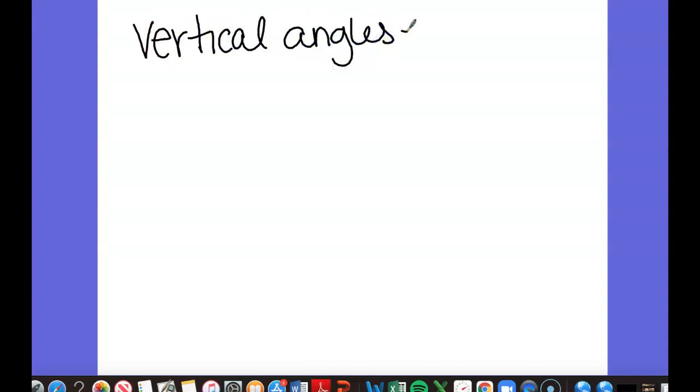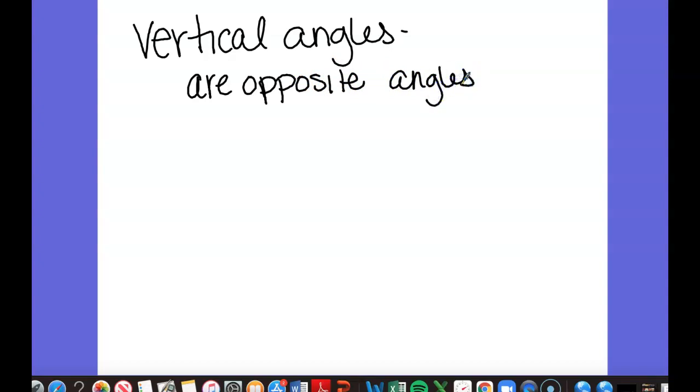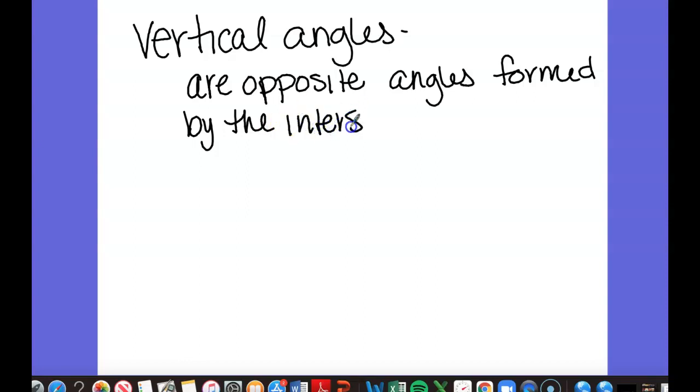And vertical angles are angles that are straight across from each other. So the exact definition is opposite angles formed by the intersection of two lines.